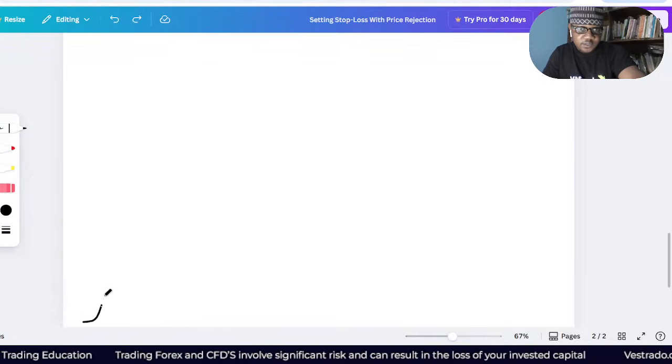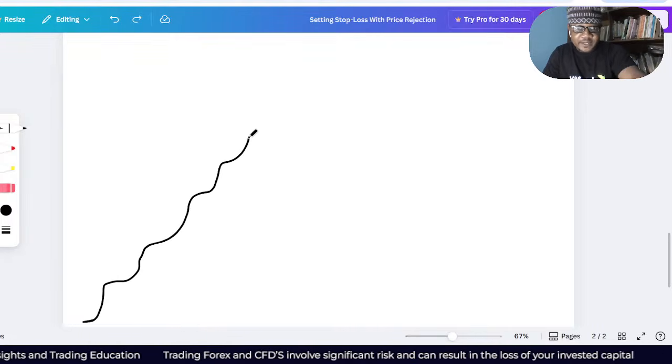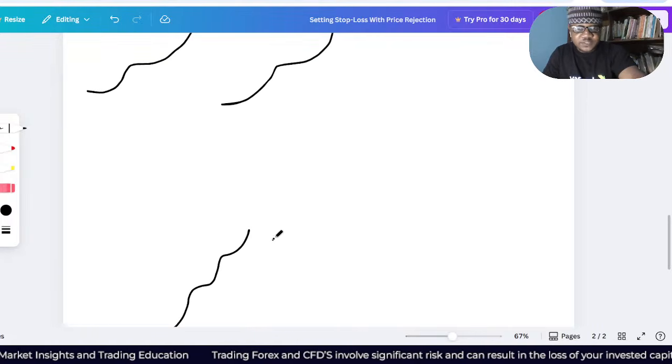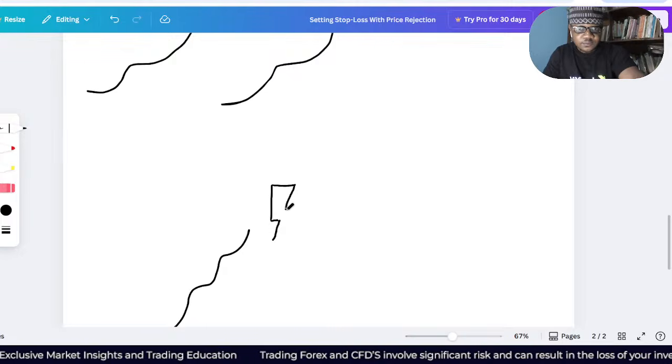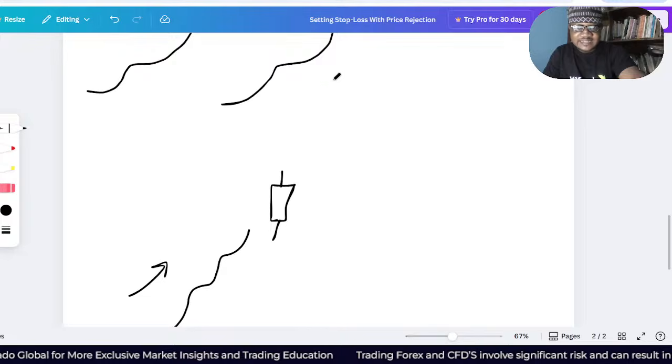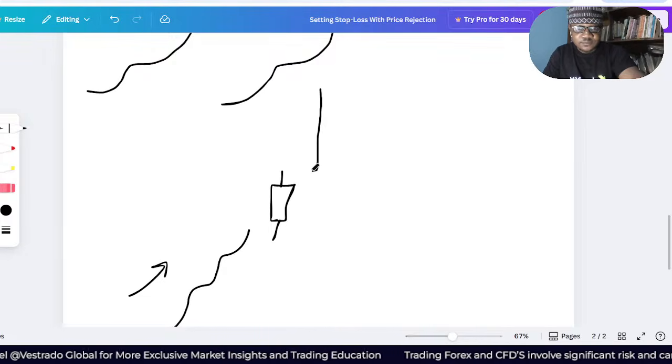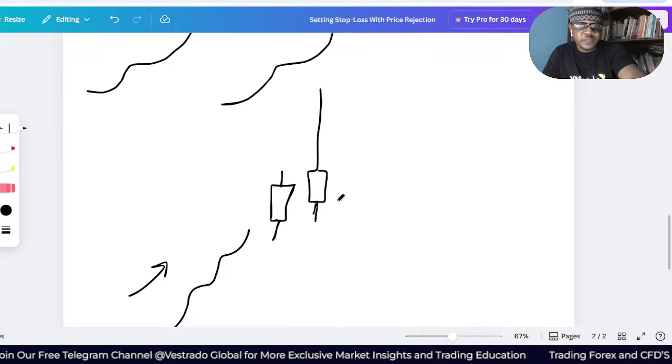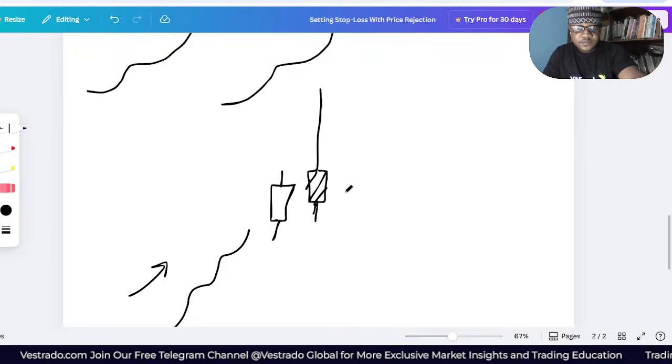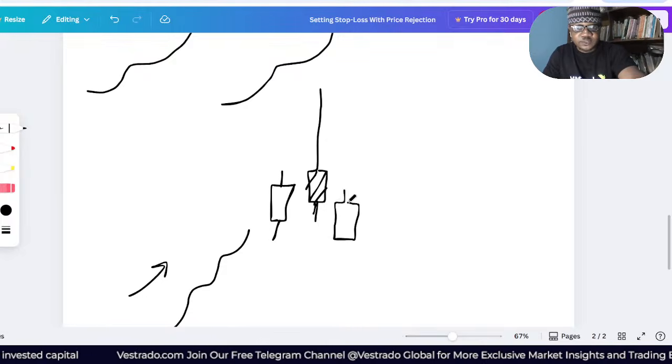Look, up and up and up and up and up. And then maybe you see a bull corresponding to the uptrend. And then you see a very long candle. Could be a hammer, could maybe not be a hammer. And then finally, the third candle right here that closes below the range of the second and the first.